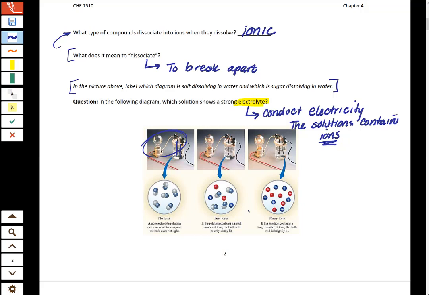So this one is more physicsy, and it might be hard to see on your black and white, but this light bulb is the one that has the greatest amount of light coming through it.